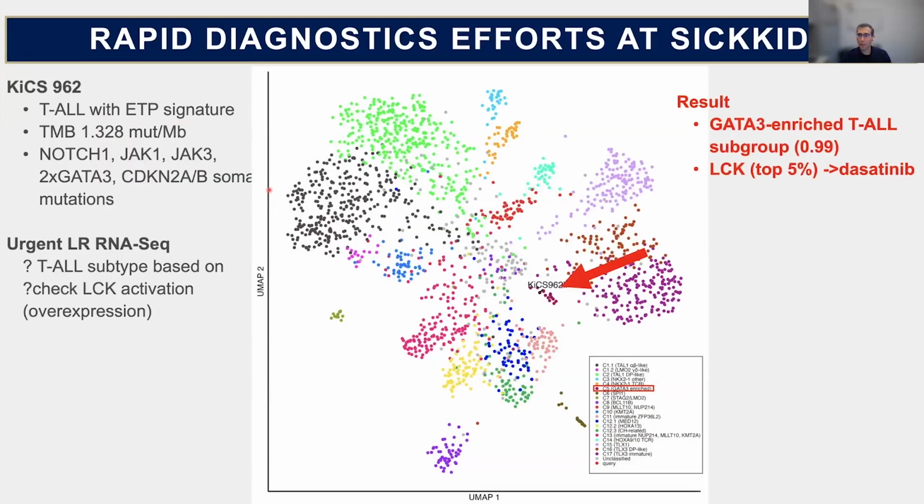And sure enough, they mapped quite beautifully and cleanly to this GATA3 enriched subtype. And LCK was amongst the top 5% of the expressed genes, leading to a suggestion of using dasatinib for this patient going forward. All delivered via long-read sequencing extremely rapidly.